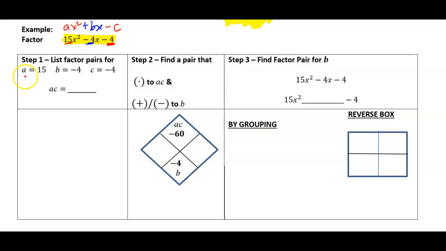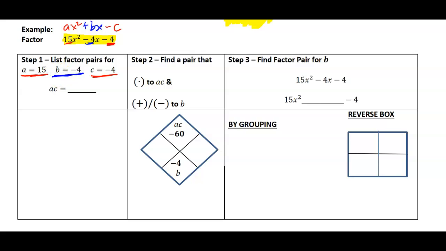So the coefficient on x squared, the number in front of x squared, is 15. The number at the end is negative 4. The number in the middle in front of x is negative 4 as well.